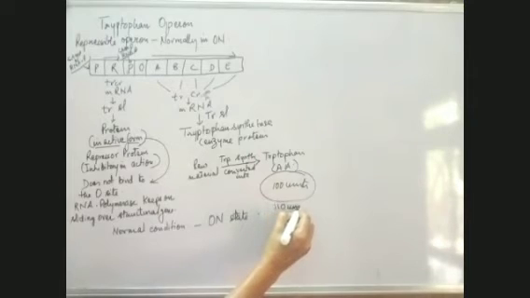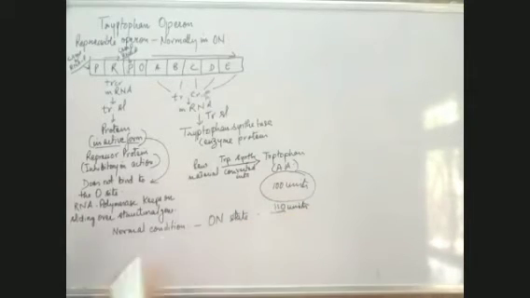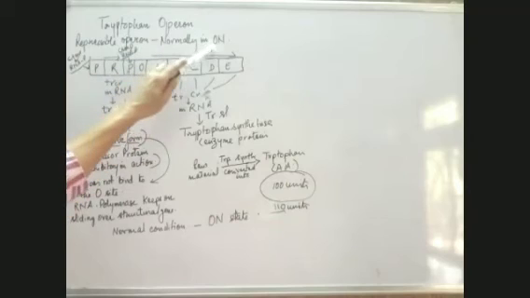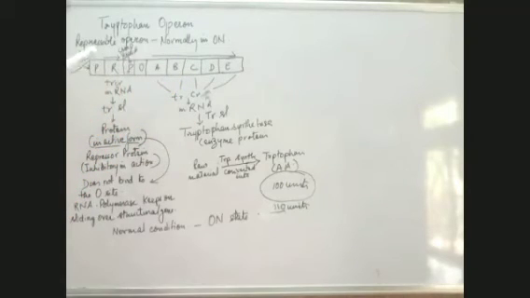This is more than what is required by the body, so 10 is extra. Because of the switched on state of the tryptophan operon, extra has been formed. So this operon must be switched off now, because no more tryptophan is required.